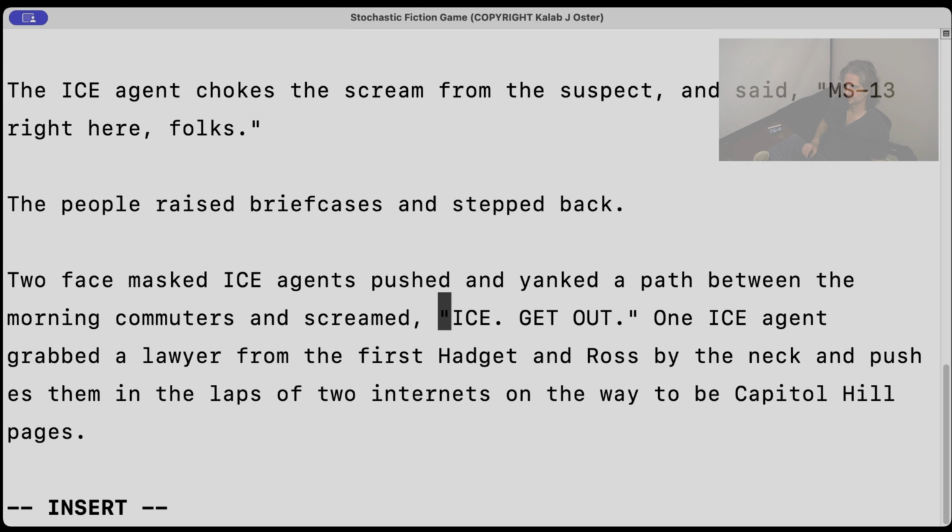ICE screamed. Ice cream. Ice cream agents. One agent grabbed a brown-skinned lawyer.